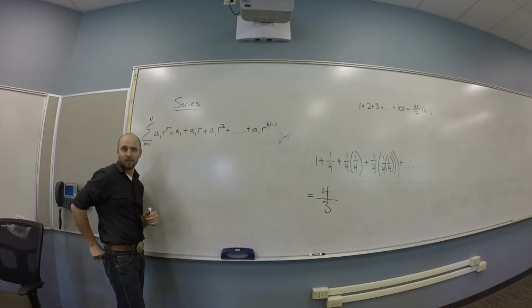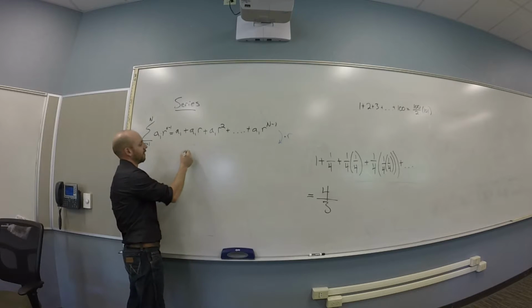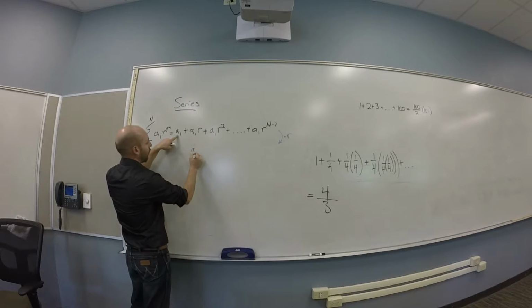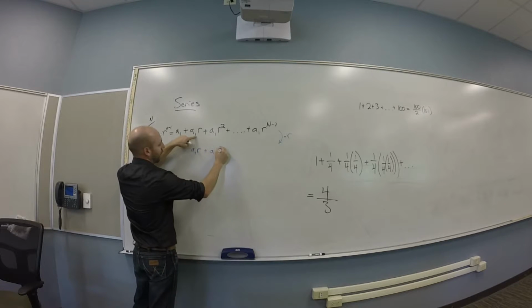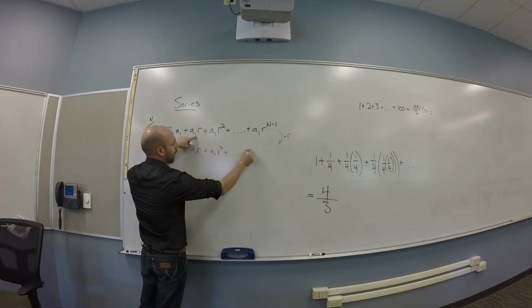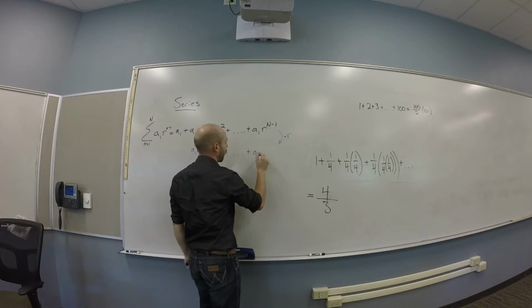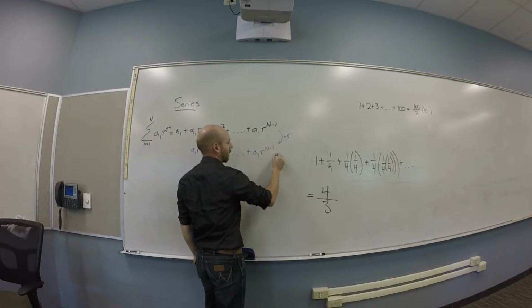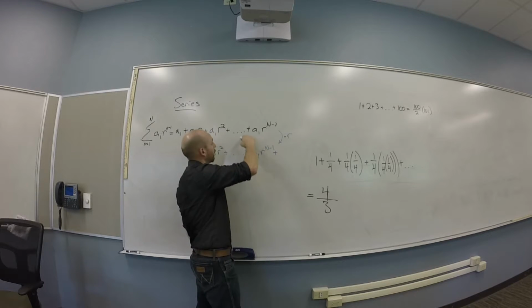Did I lose you guys? We're just gonna get the same thing times r. Yeah, you're gonna get the same thing times r, so distribute the r through. So you're gonna get a1r plus a1r squared plus, dot dot dot, and then at the end here, we're gonna get plus a1 r to the n, from this previous term.